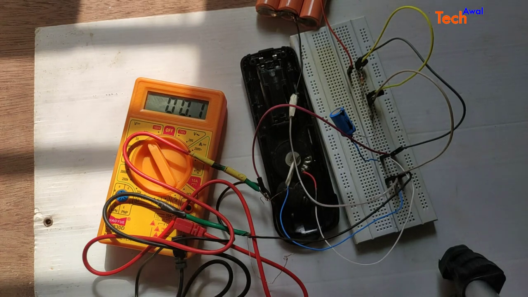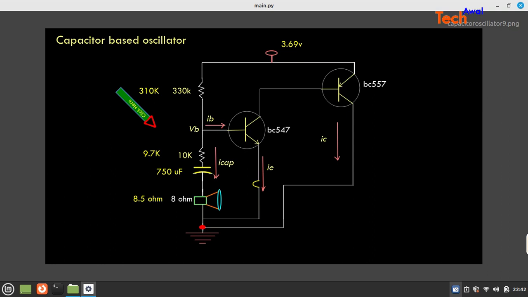Okay, so the collector current in the NPN transistor and then the emitter current in the PNP transistor. So those things can be interpolated with the emitter current that we have calculated. Okay, so we'll wind up now. So we have seen the experimental output.